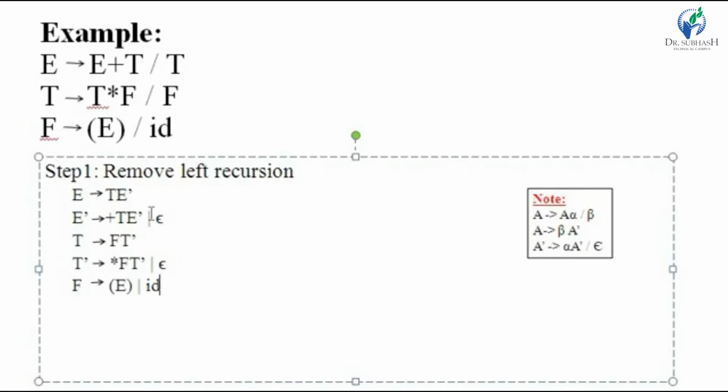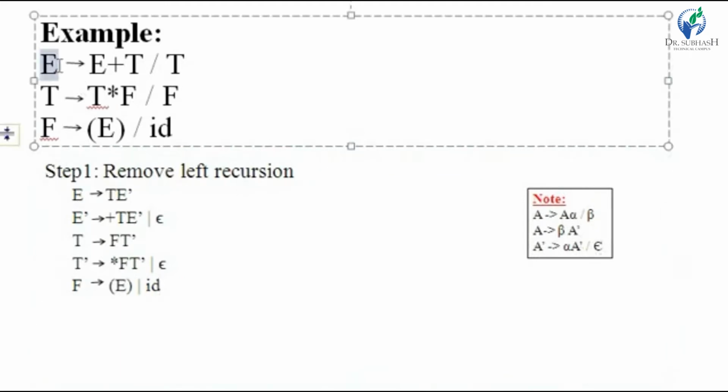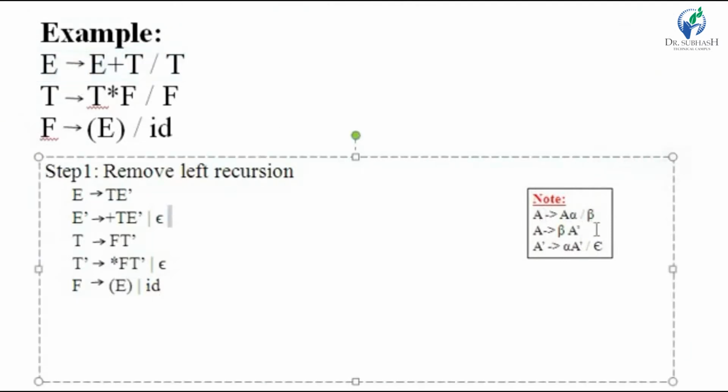How to remove left recursion, we already discussed in our previous video, using this formula. If A gives A alpha or beta, then after removing the recursion, it becomes A gives beta A dash, A dash gives alpha A dash or epsilon. Just compare E gives E plus T or T with A gives A alpha or beta.